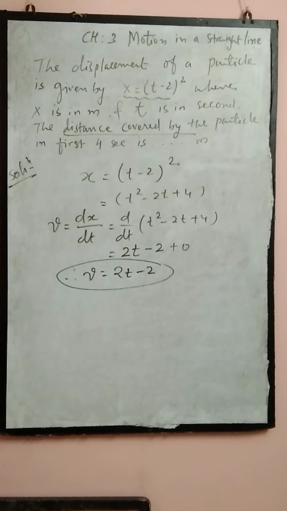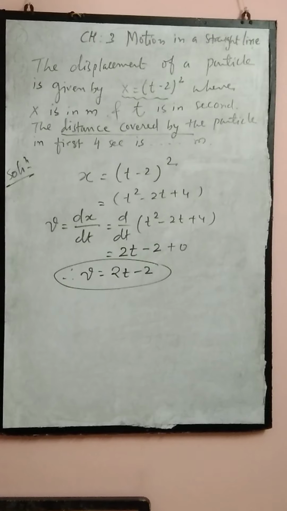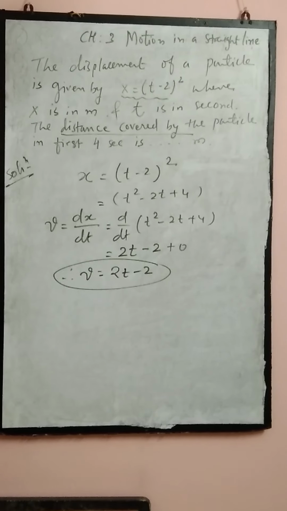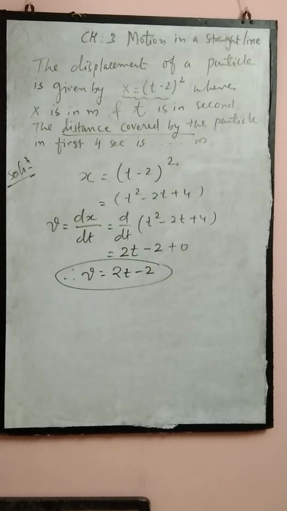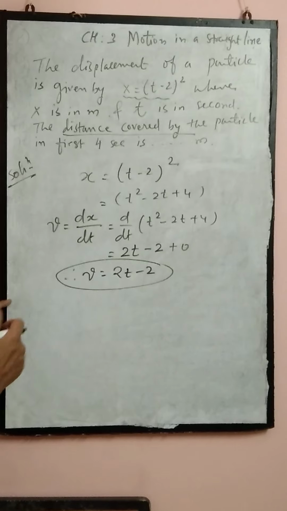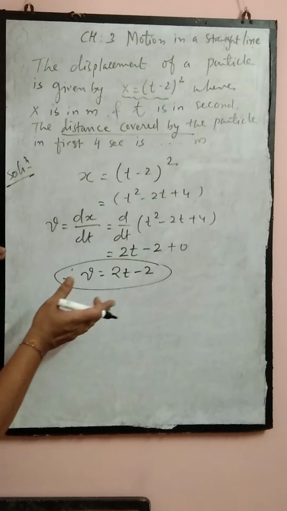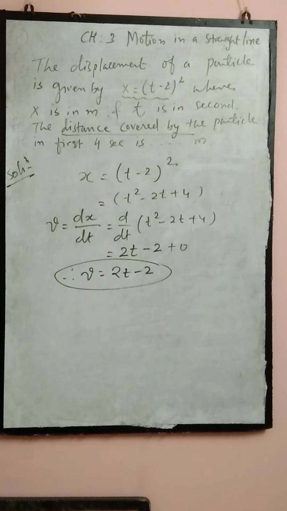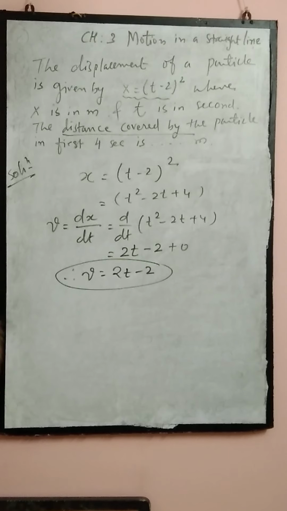When you plot the graph of velocity against time, you will get displacement. But if you plot the graph of speed against time, the area of the graph will give you distance.